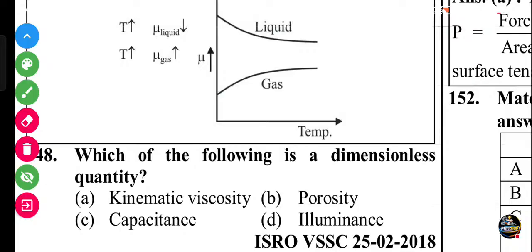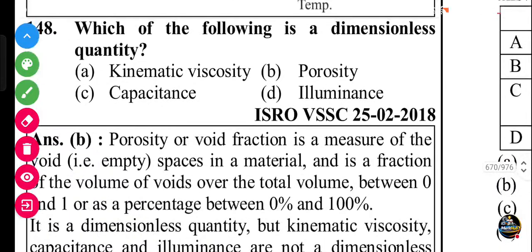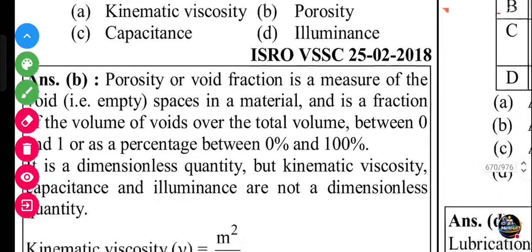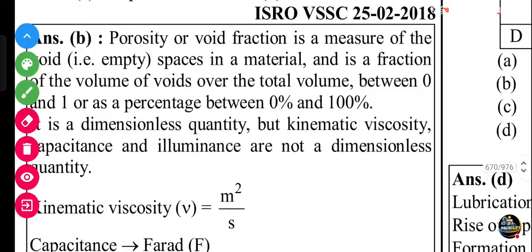Which of the following is a dimensionless quantity: kinematic viscosity, porosity, capacitance, illuminance. Check the answer. Porosity. What is the porosity?